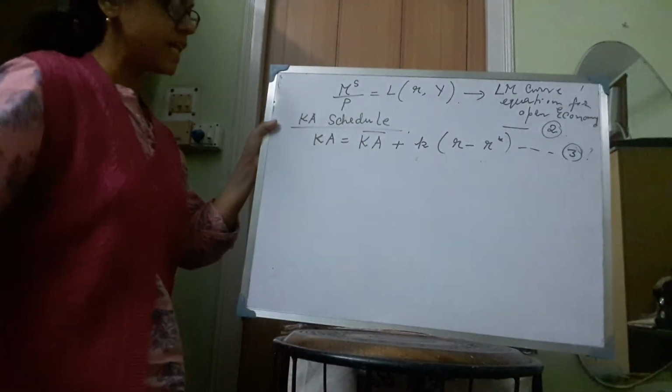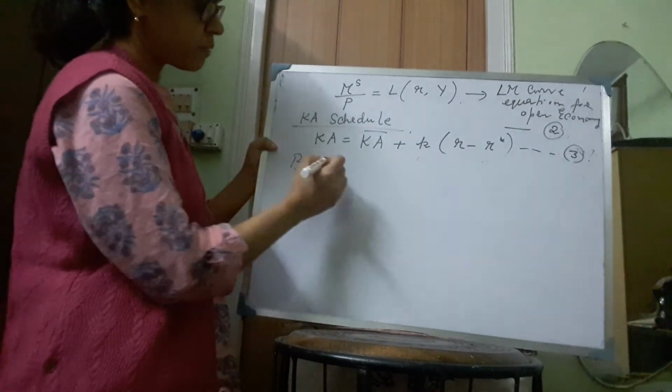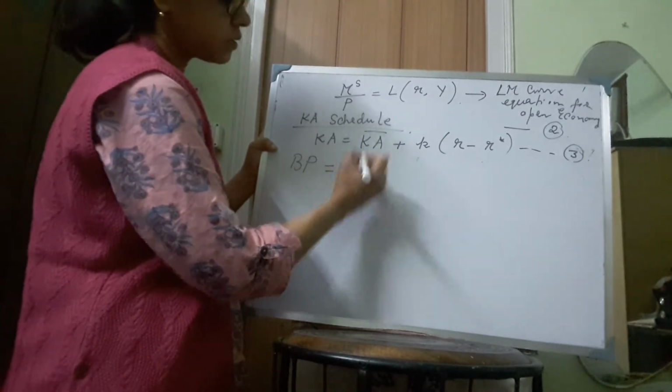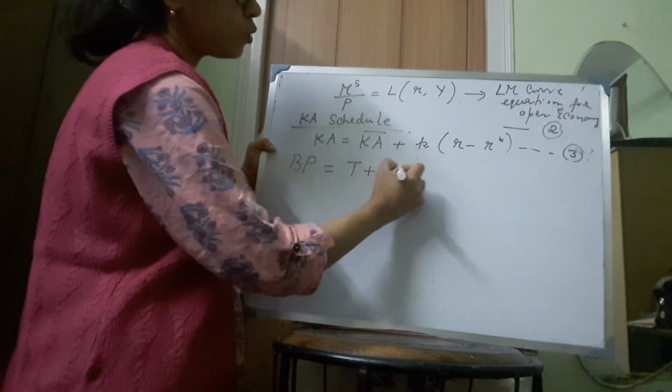Now we consider the balance of payment schedule. We know BP is the total balance of payment. BP is equal to the trade balance, which is denoted by T, plus the capital account.